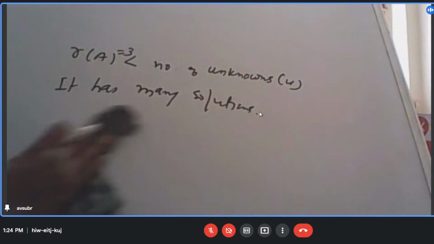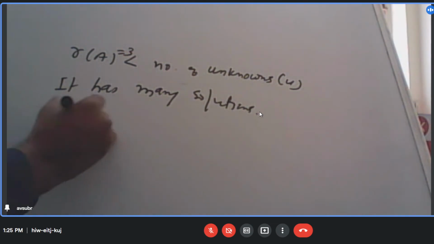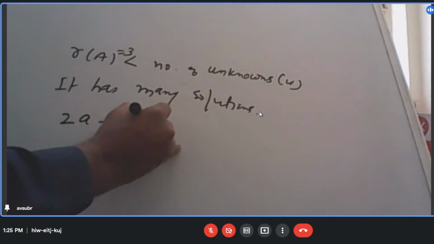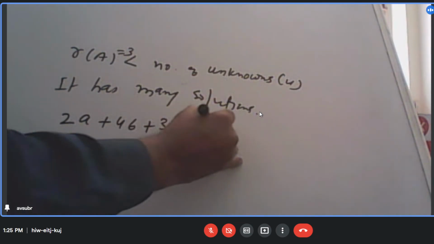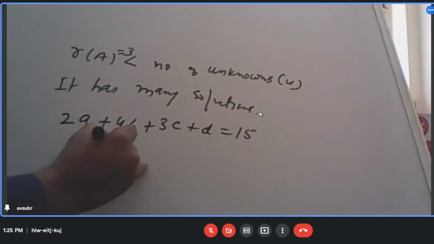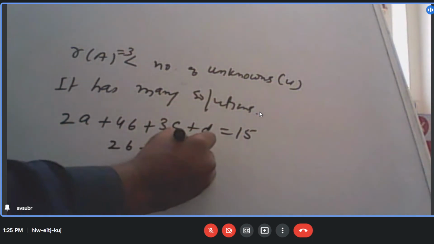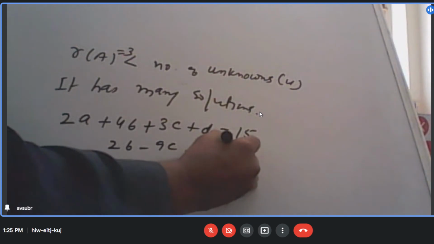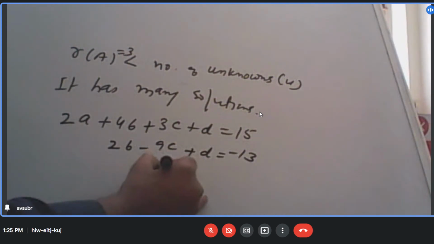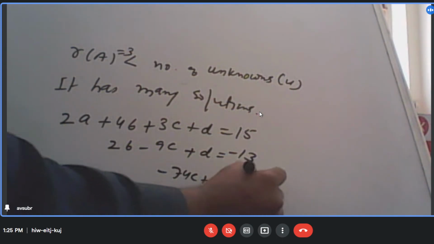Now if I look at this C matrix, that can be written as 2A plus 4B plus 3C plus D is equal to 15, 2B minus 9C plus D is equal to minus 13, and 7C minus 74C plus 8D is equal to minus 124.